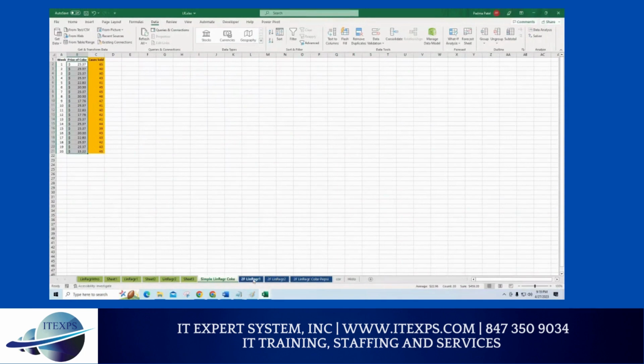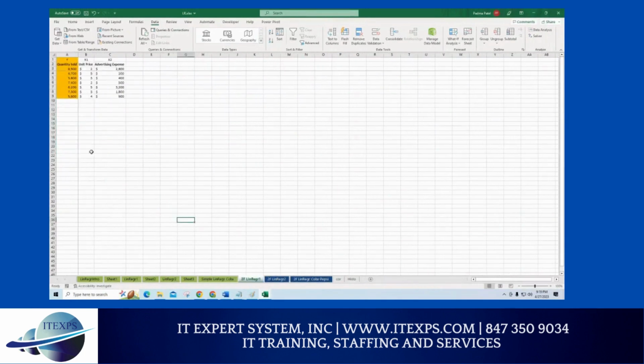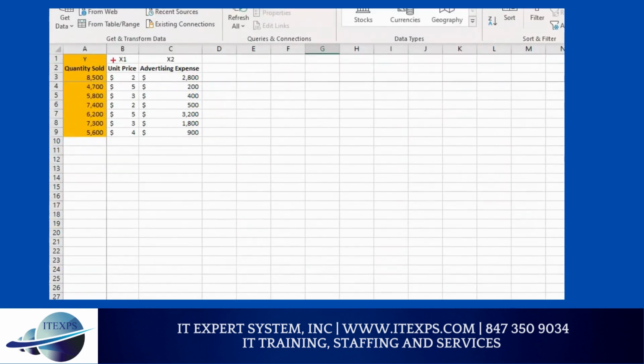I'll show you one because you will do a similar thing in homework. So here, in this case, you have quantity sold, you have price, and you have advertisement. So now you have X1 here, X2 here, and you want to know: if I keep the price and say how much advertising I do, can I predict how many items I'm going to sell?